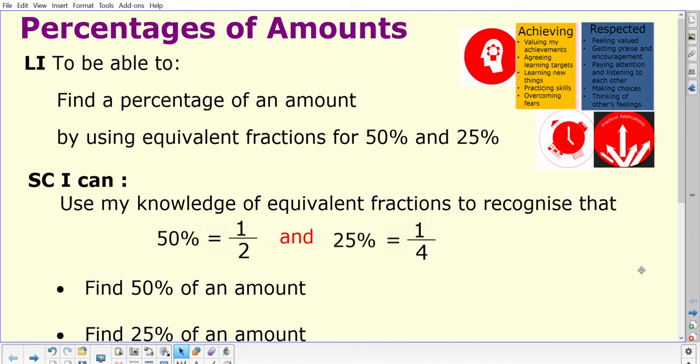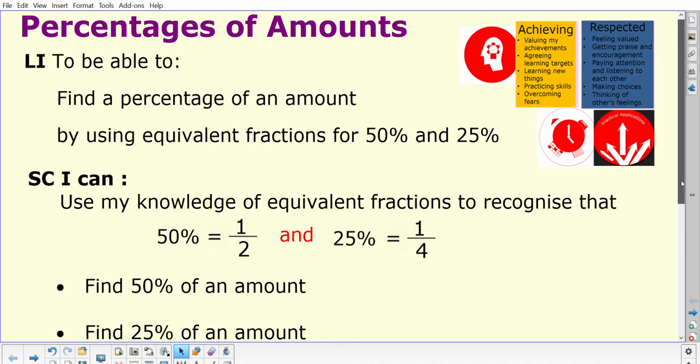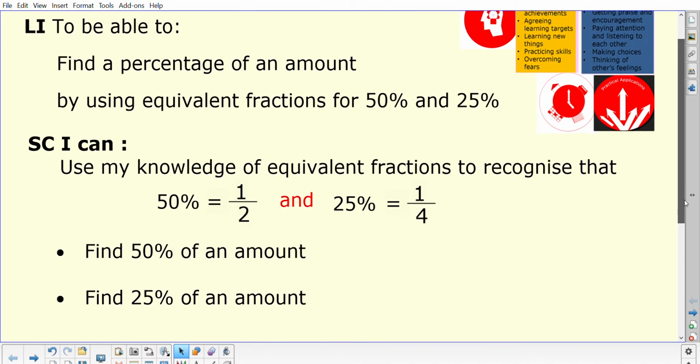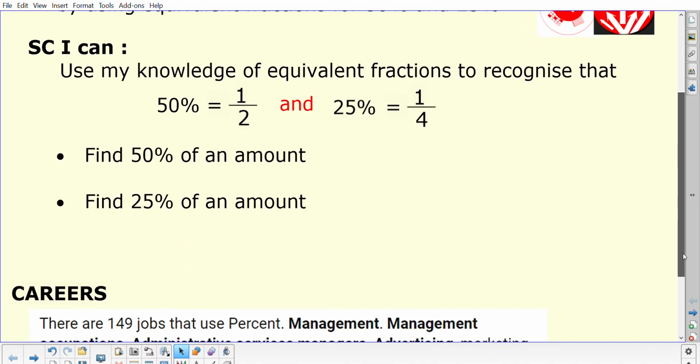We will be using our knowledge of equivalent fractions, and we also need to know how to find a fraction of. That was a skill that you learned when we were doing the fractions topic.